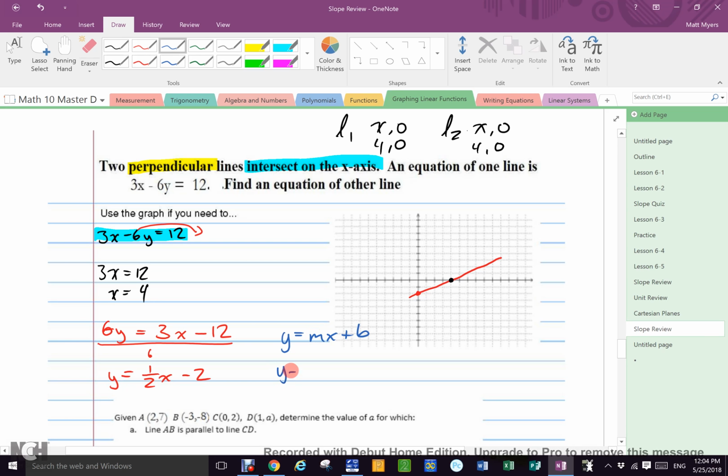So y equals -2x plus b. Do I know any x or y values for line 2? I know x is 4, and what's y? 0, correct? So 0 equals -8 plus b. What does b equal?